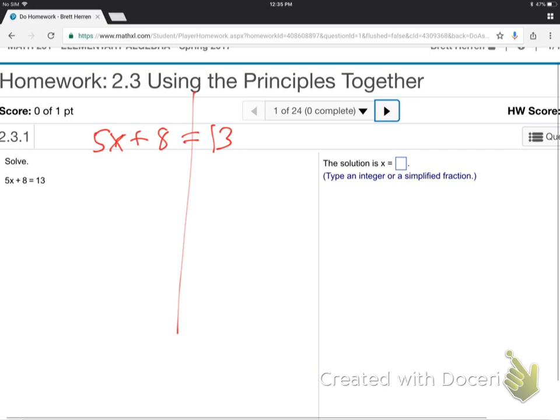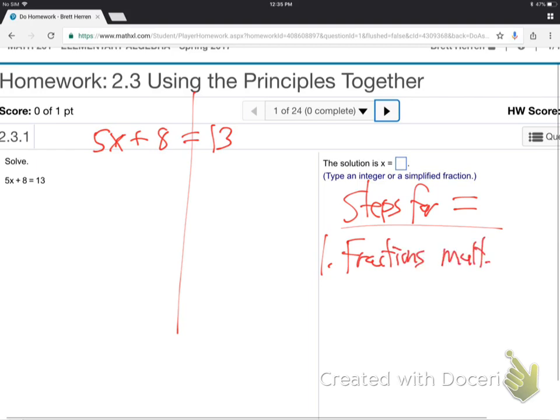Let me give you some steps for equals problems. Number one, if you have fractions, multiply all terms by the LCD, the lowest common denominator.